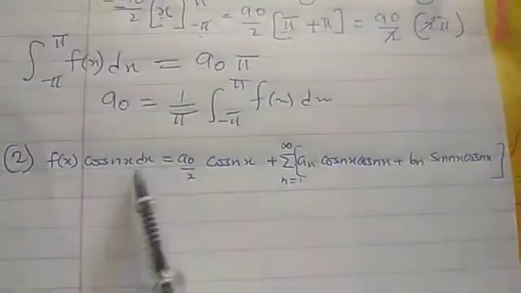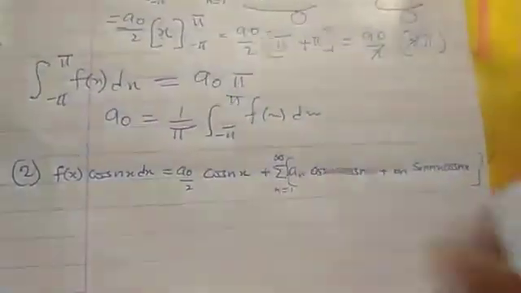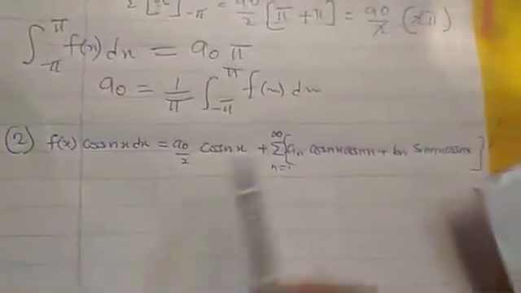Now it remains the second one. You see that cos n is beside that f, and later they integrated it. So in this case, let us multiply both sides by cos ns, and I've written it like this. I've multiplied both sides of that function by that.